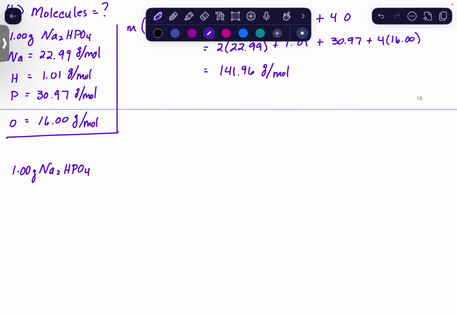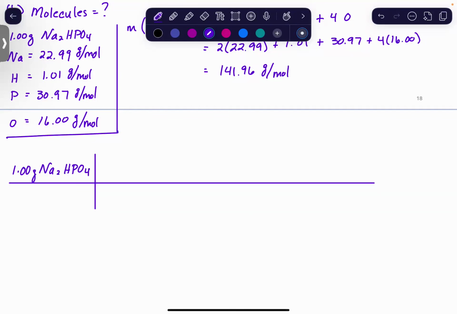I know I have to get this into moles because I can't get number of molecules from Avogadro's number unless I have moles. Okay, so then I'm going to divide by the molar mass of sodium hydrogen phosphate, which is going to be 141.96 grams per mole.